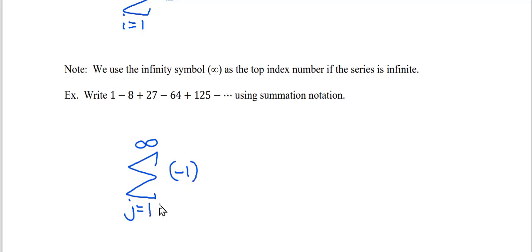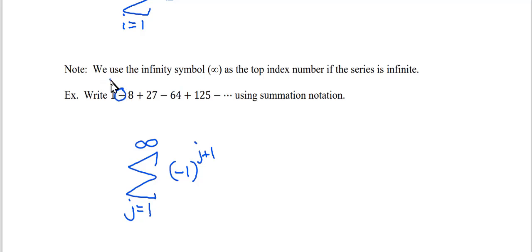So if I start at 1 here, I'm going to have to do j plus 1 so that when I plug in an odd number, I actually get an even exponent. So when I plug in j equals 1, I get negative 1 squared, which will give me the positive. Then when I plug in j equals 2, I will get negative 1 cubed, which will give me this negative that I need here.